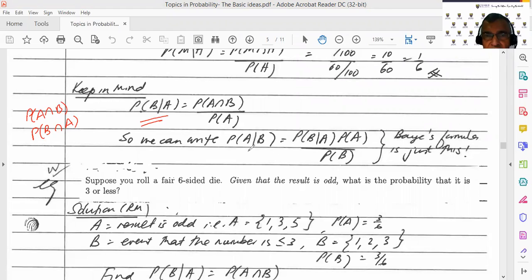So we can write this here. Let me write the partner formula here, which is A and B over the probability of B. Look at this.